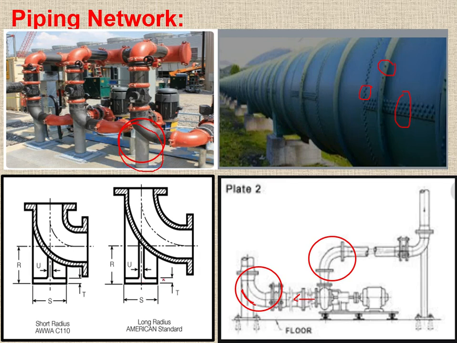So these are the anchoring supports. So this is basically the large radius. When there is a large radius, that means by increasing the radius we can reduce the force exerted by the fluid, and in that case we need a less reactive force or anchoring support.